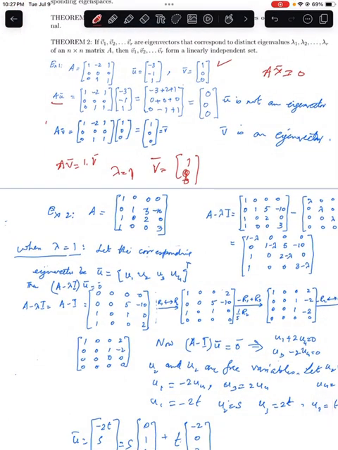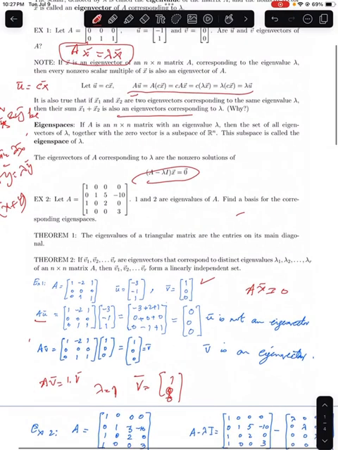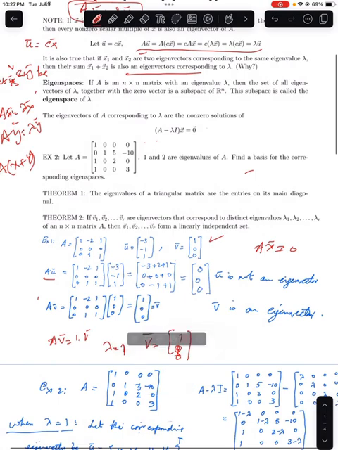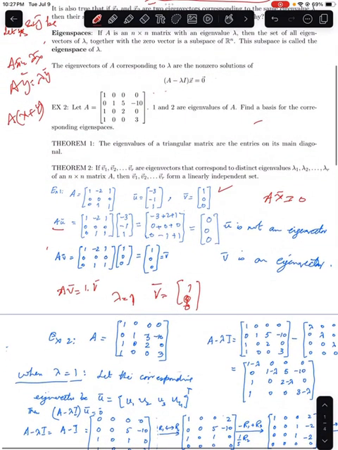We first form or compute the matrix A minus lambda I, because remember it said up there that the equation A minus lambda I times x is equal to 0 is the equation that a non-zero eigenvector must satisfy. So this is what I am doing.